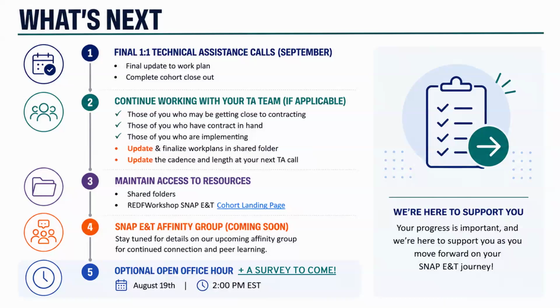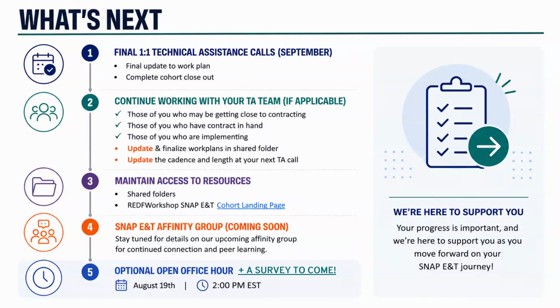Also, bookmark that landing page with all of the resources that you've gotten throughout this process. And know too that even after we finish this cohort, there's going to be an affinity group that you're going to be invited to, where you can come in and speak with other cohort members from other cohorts and work together to speak about our experiences and ask questions.